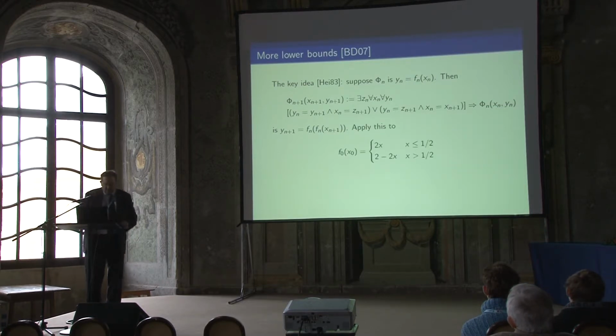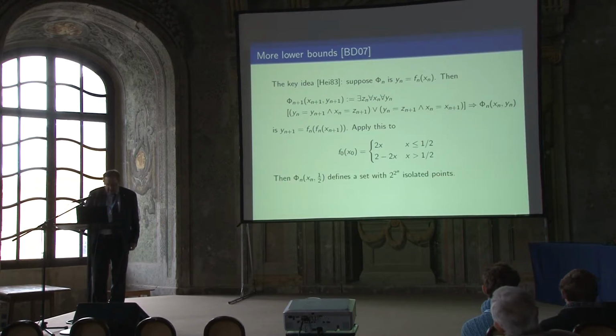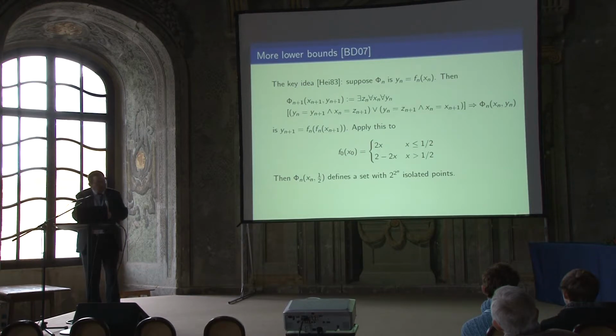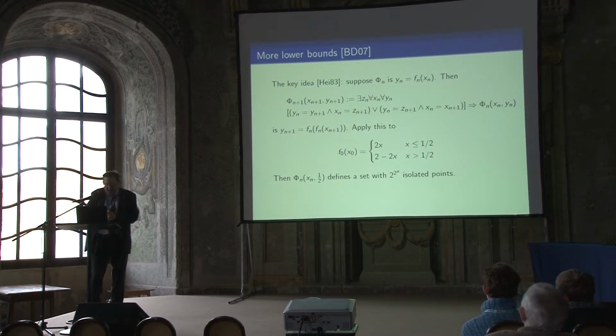So we applied this to a very simple sawtooth function, and you get, of course, a very rapidly increasing sawtooth. So F0 is a sawtooth, F1 is a double sawtooth, F2 is a 4-fold sawtooth, F3 is a 16-fold sawtooth, and so on. And then you get a set with 2 to the 2 to the n isolated points.